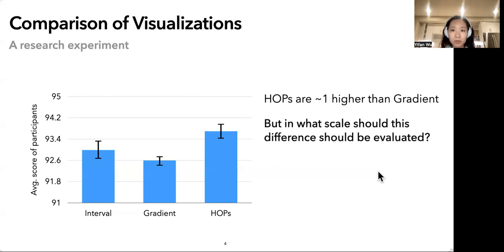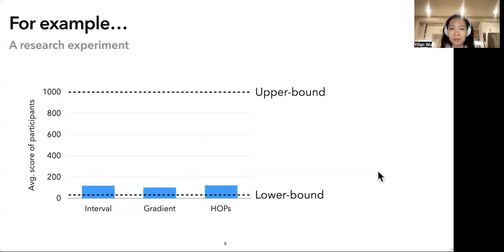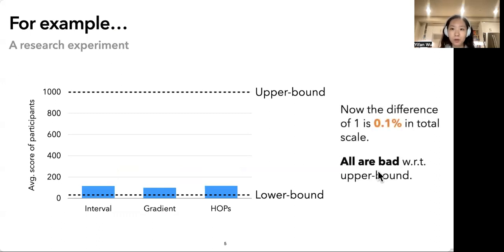But we don't know on what scale this difference should be evaluated. To understand this, suppose I tell you this is the situation where participants can get a highest score of 1,000, and some lower bound of participants' performance is around 20. So now the difference of 1 is only 0.1% in total scale.